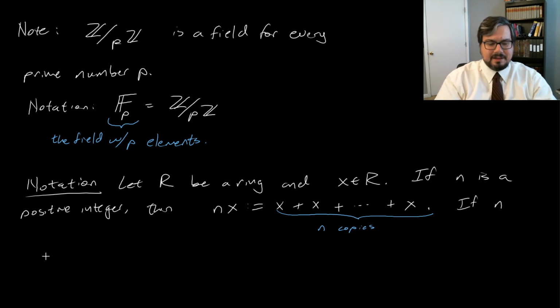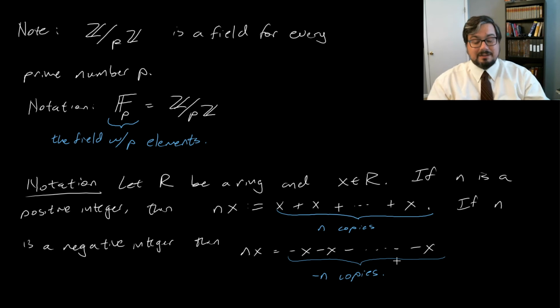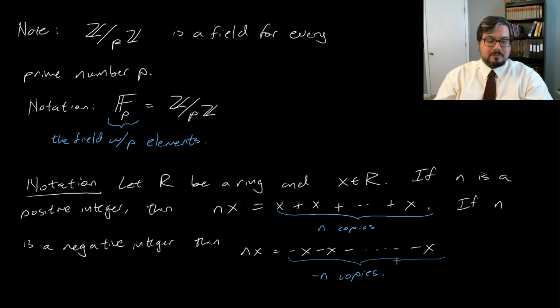If n is a negative integer, then nx is equal to negative x minus x minus and so on, minus x, where in this case we have negative n copies. If n is a negative integer, then of course negative n is a positive integer.